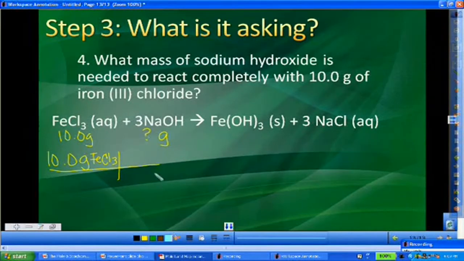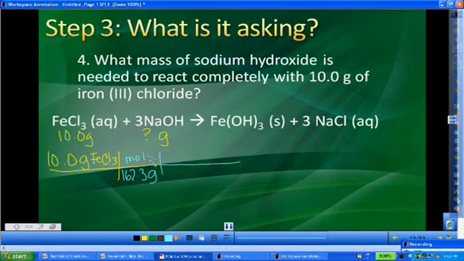So molar mass is something that we have learned before. You are finding the total mass of the compound by multiplying the number of atoms we have of each element by its atomic mass. So iron 3 chloride has a molar mass that you can calculate of 162.3 grams per mole.